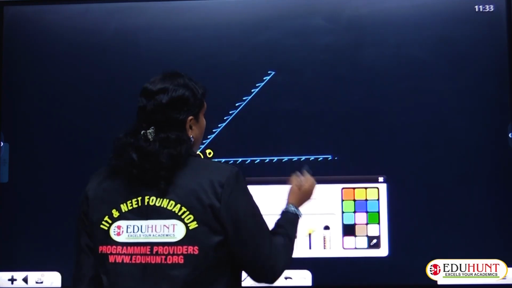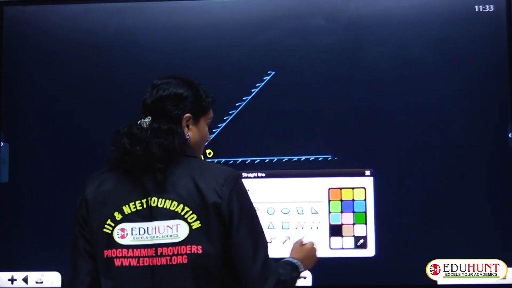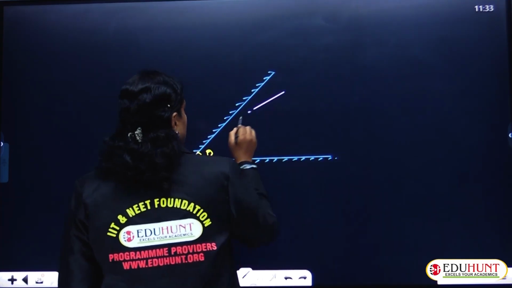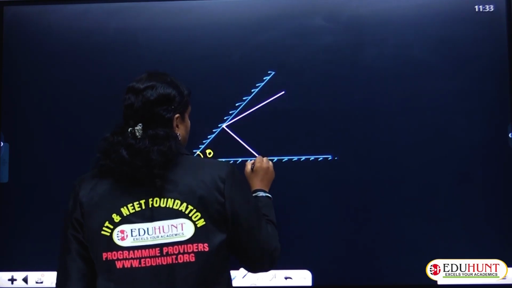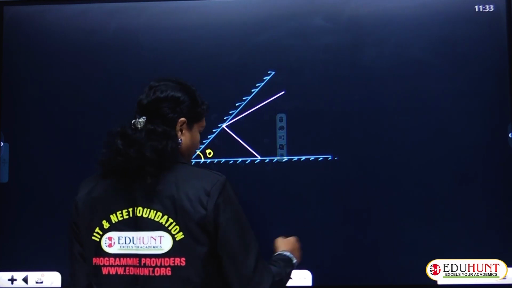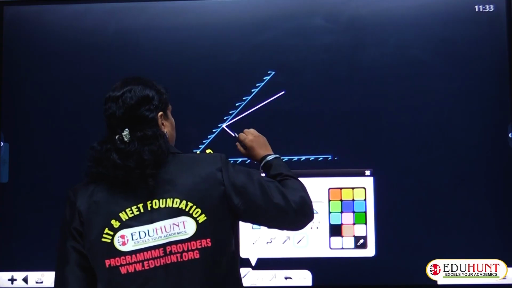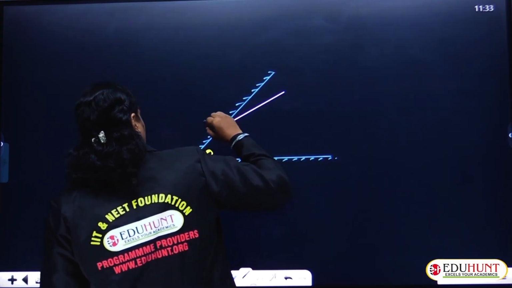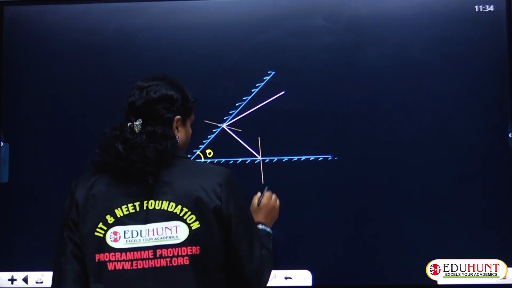On this, let us suppose that a light ray is incident. This is your incident light ray, and here must be a reflected light ray. Again, as it falls on the mirror, normal drawn to this. Here also let me plot a normal.